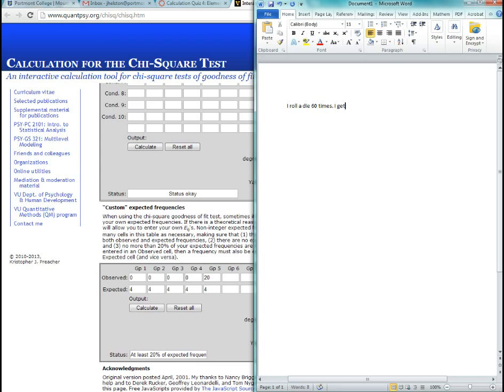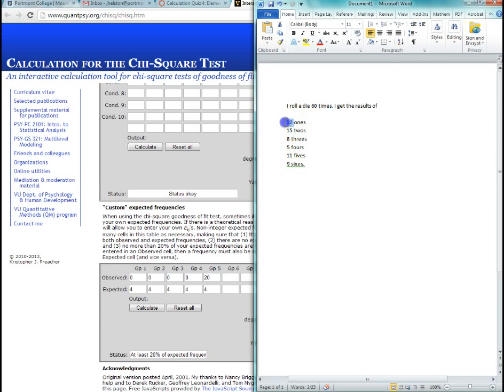I get the results of 12 ones, 15 twos, 8 threes, 5 fours, 11 fives, and 9 sixes. Notice that for these results, 1 through 6, if I rolled it 60 times, there's 6 sides on a die, so I should get about 10 in each one.